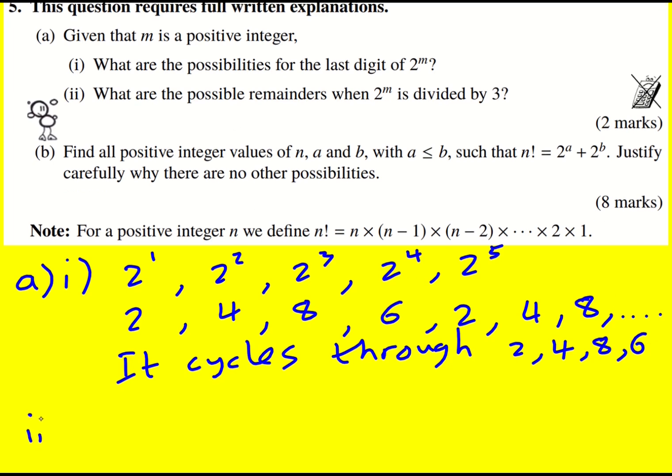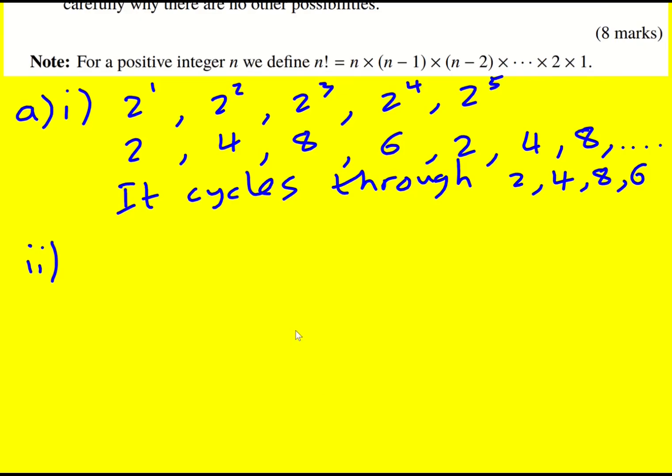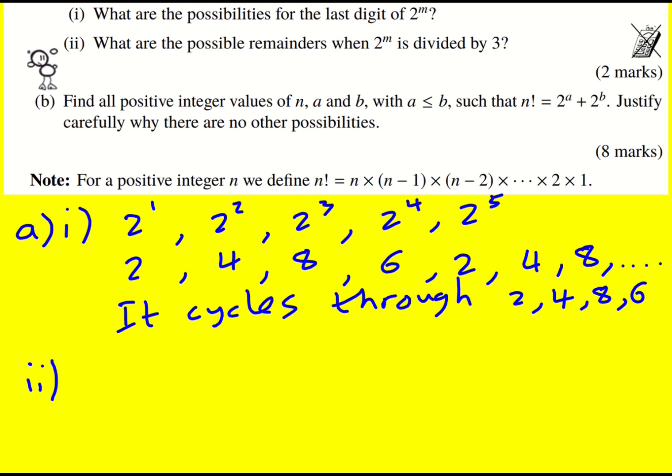In part 2, we're then asked what are the possible remainders when 2 to the m is divided by 3. So let's have a look at this. Remainders. Well, let's again look at 2 to the 1.